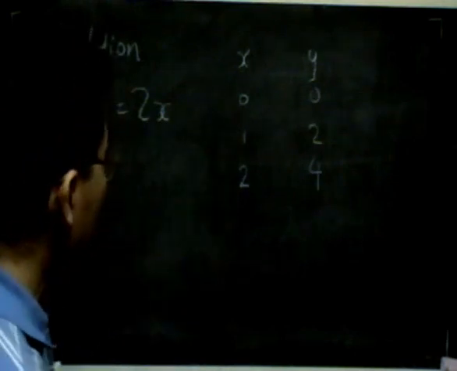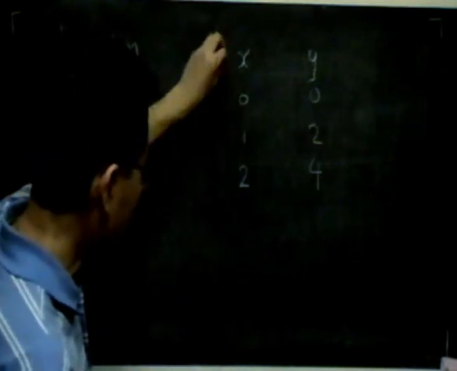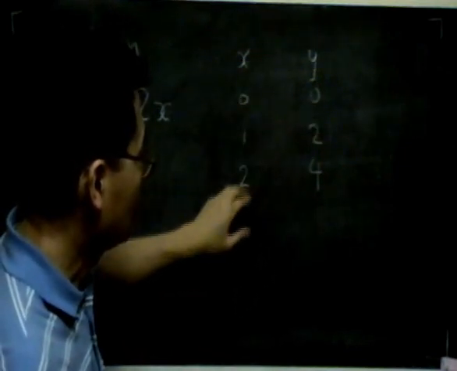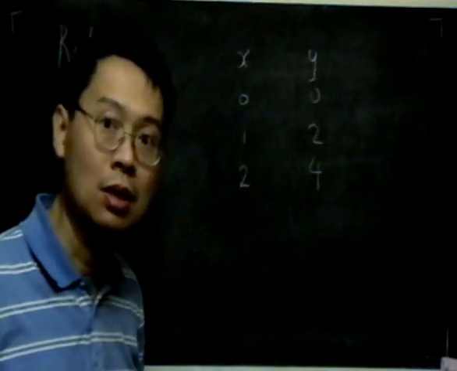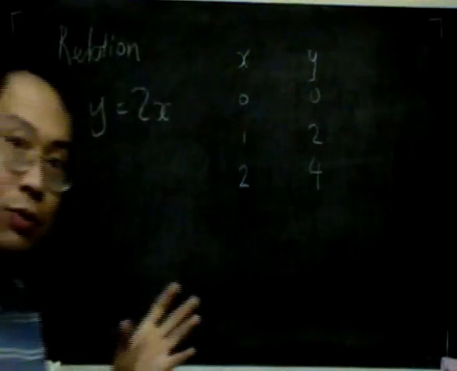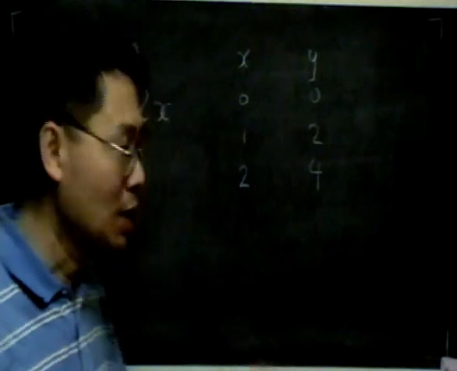So I can just make up any set of numbers here and any set of numbers here, and decide a relation between each pair of them. So that's the idea of a relation. We can just make them up as we like.